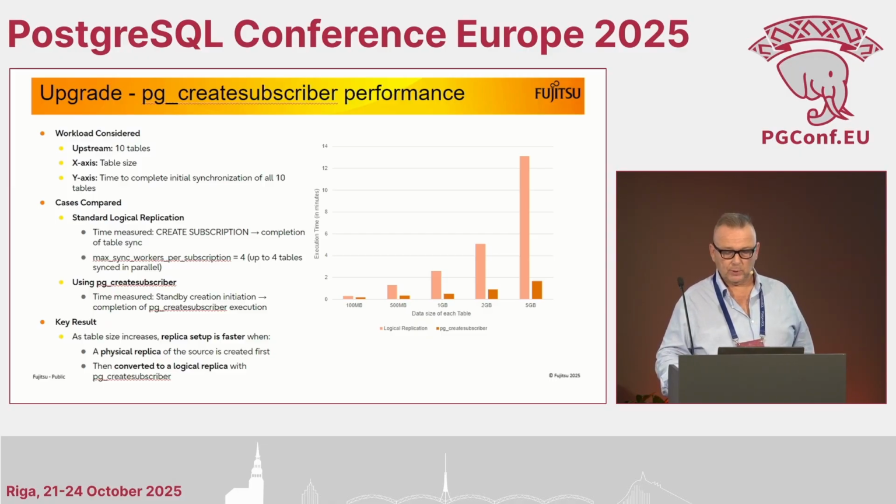And as you can see, once the table sizes are beyond about 500 meg, we see pg_createsubscriber significantly faster in achieving the logical replica state. So it's worthwhile considering, when you do have to upgrade, to first of all convert to a logical replica.